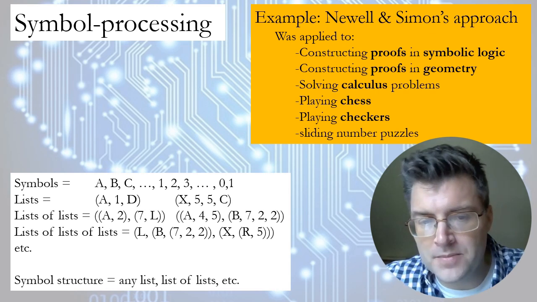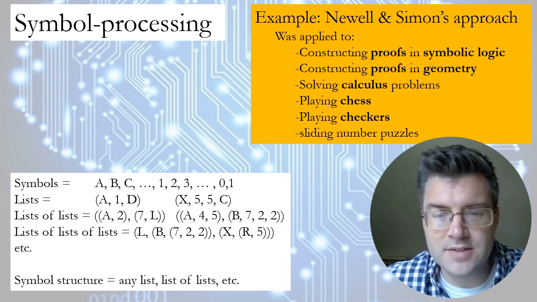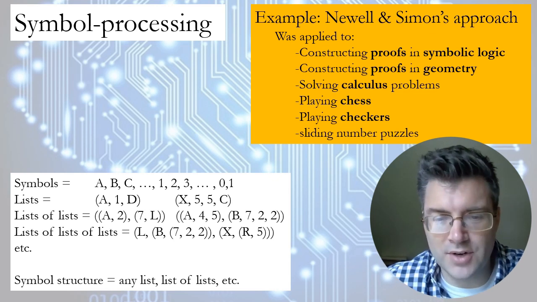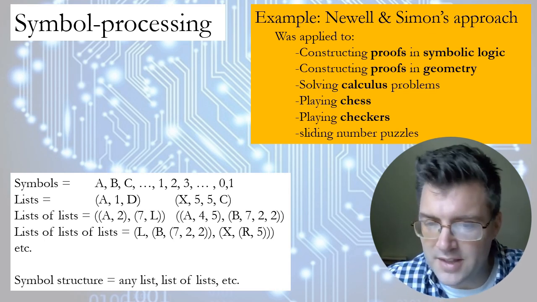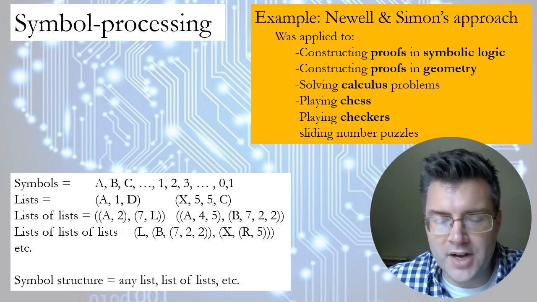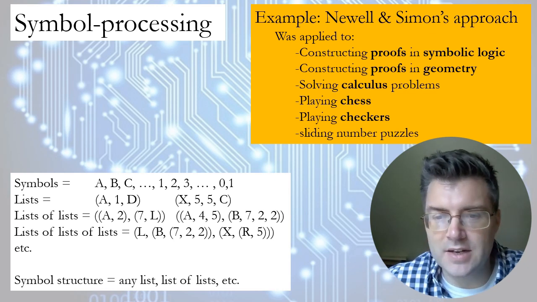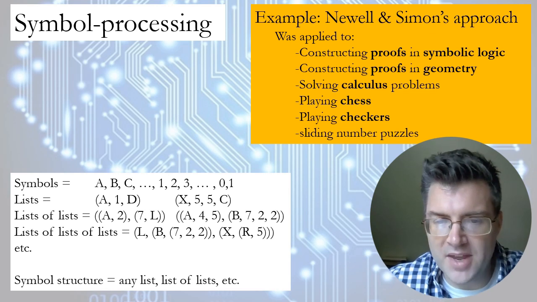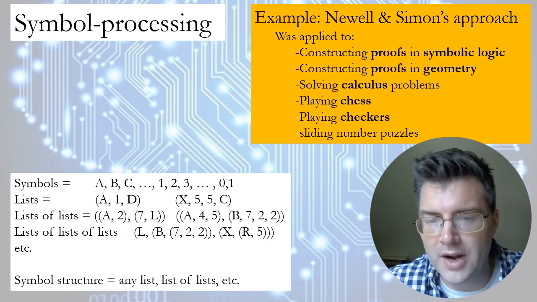Like we can say, take the second item in the second sublist of the first list and delete that item and insert into the place the symbol taken from the first item in the third list, or something like that. Okay, so any kind of transformation of these lists that can be unambiguously stated, that some instruction can be written to transform the list in some way based on a rule, is something that you can program a computer to do.